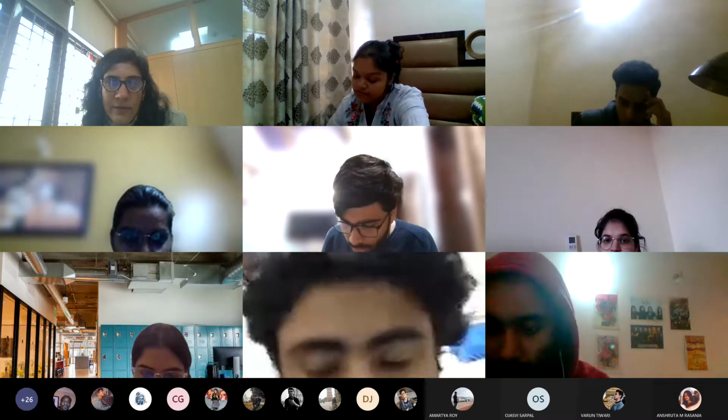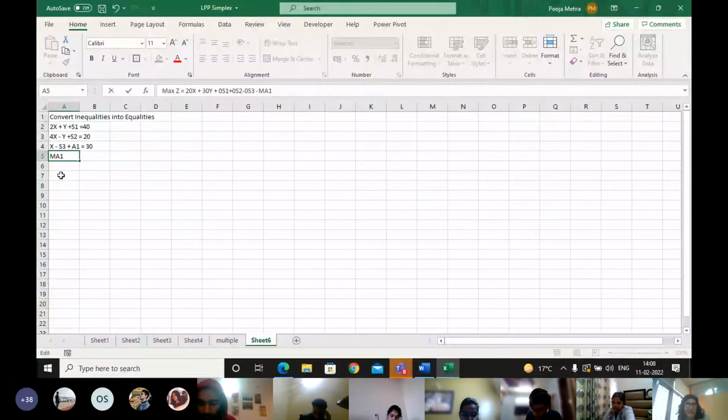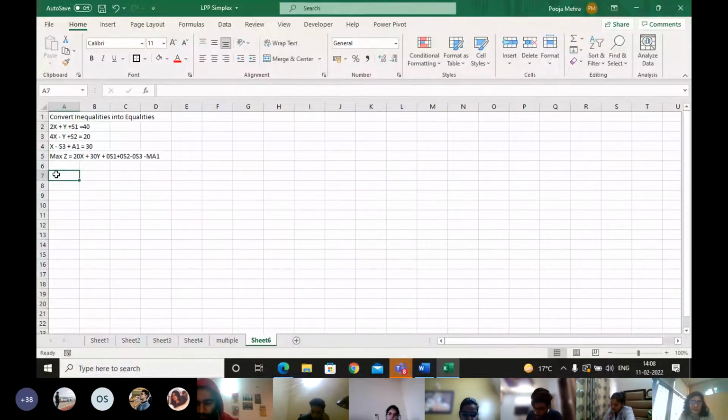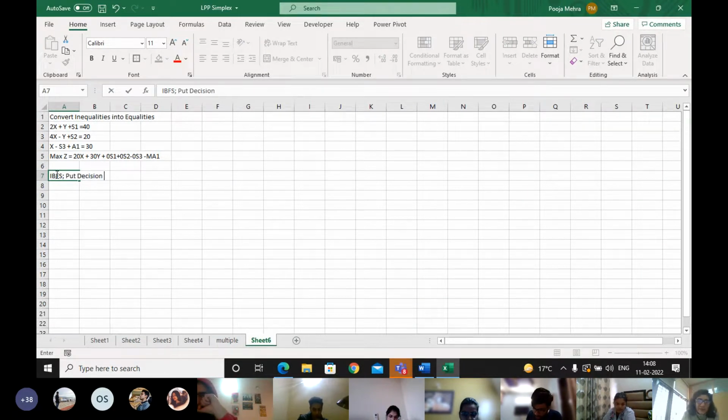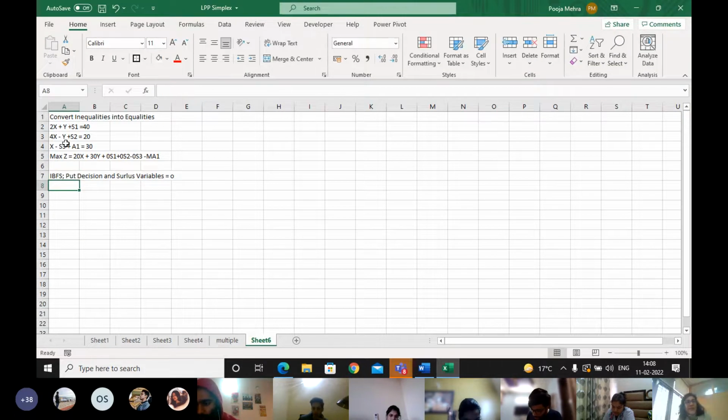Now, can we have the initial basic feasible solution? For that, we need to put decision and surplus variables equals to 0. So we have x, y decision variables and we have one surplus variable, that is S3.